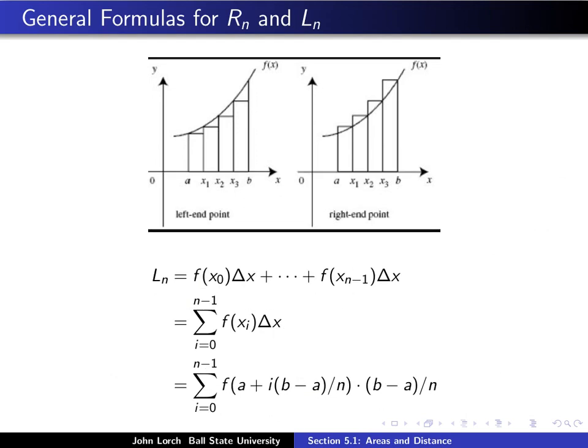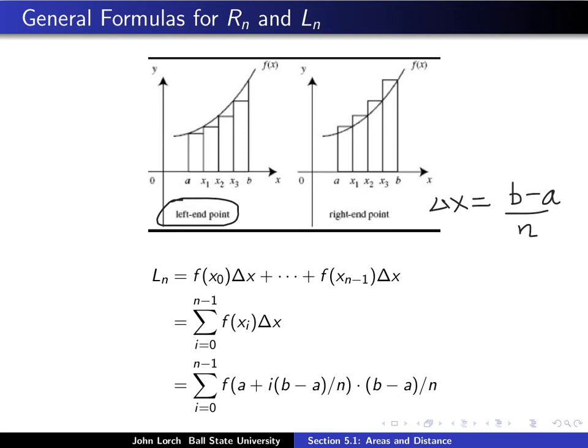Okay, and here we have sort of the same story, except now we're going to talk about left-hand endpoints. So it's very nearly the same discussion that we just had. We take our interval from A to B, and we're going to split this up into n pieces of equal length, and as before, that equal length is going to be the total length of the interval divided by your number of rectangles.